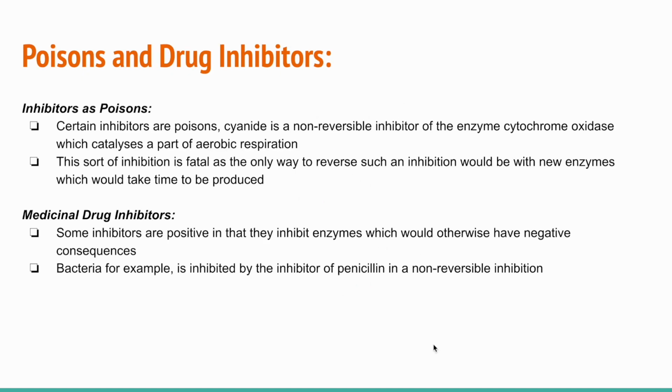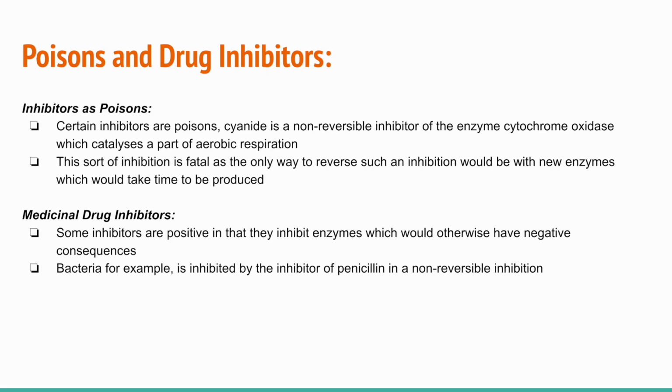Now, it's important to know how inhibitors can function as poisons and medicinal drugs. So, certain inhibitors are poisons. Cyanide, for example, is a non-reversible inhibitor of the enzyme cytochrome oxidase, which catalyzes part of aerobic respiration.